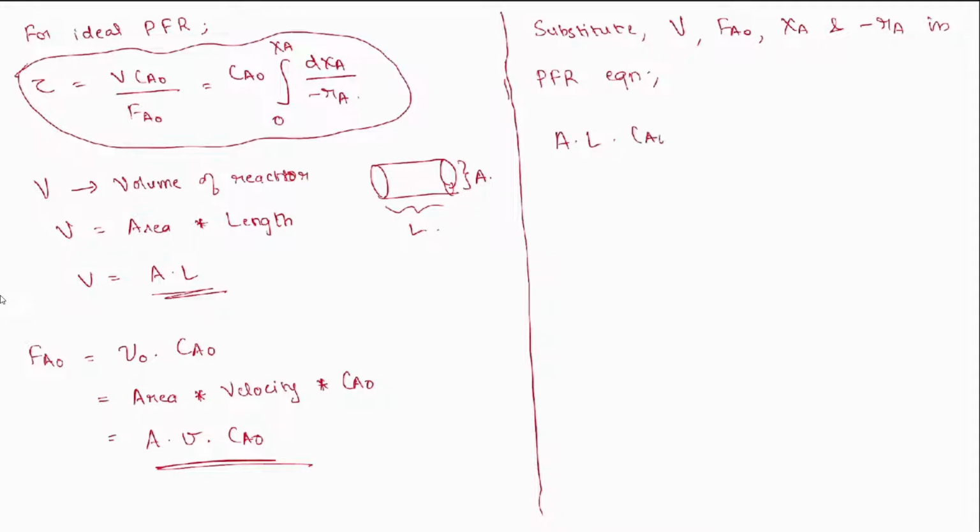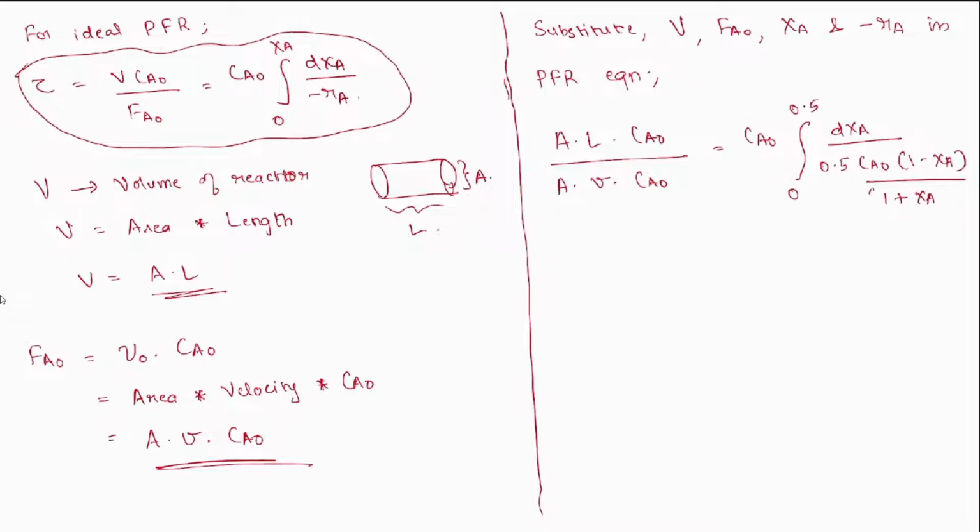So V will be AL into CA0 by FA0, which will be AvCA0, is equal to CA0 into integral 0 to 0.5 dXA by minus RA, and that RA will be 0.5 CA0 into 1 minus XA by 1 plus XA. So all the CA0 terms will get cancelled and A will also get cancelled.